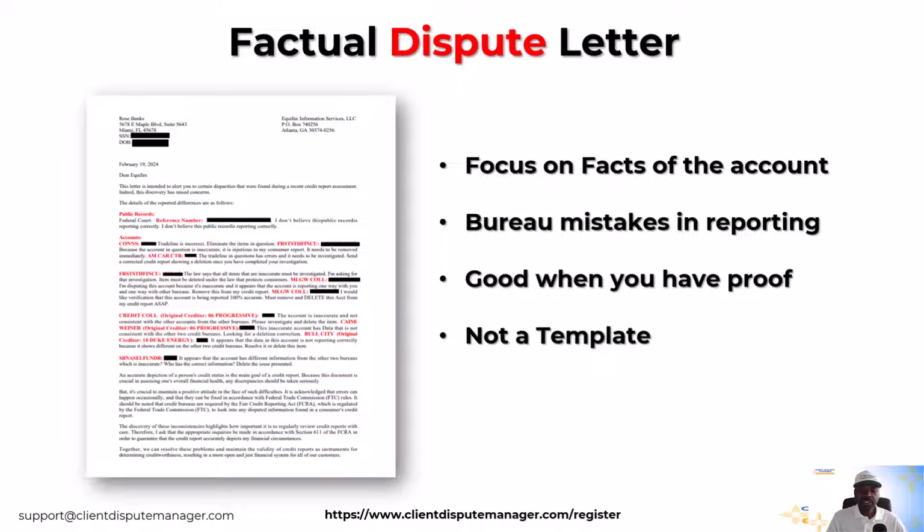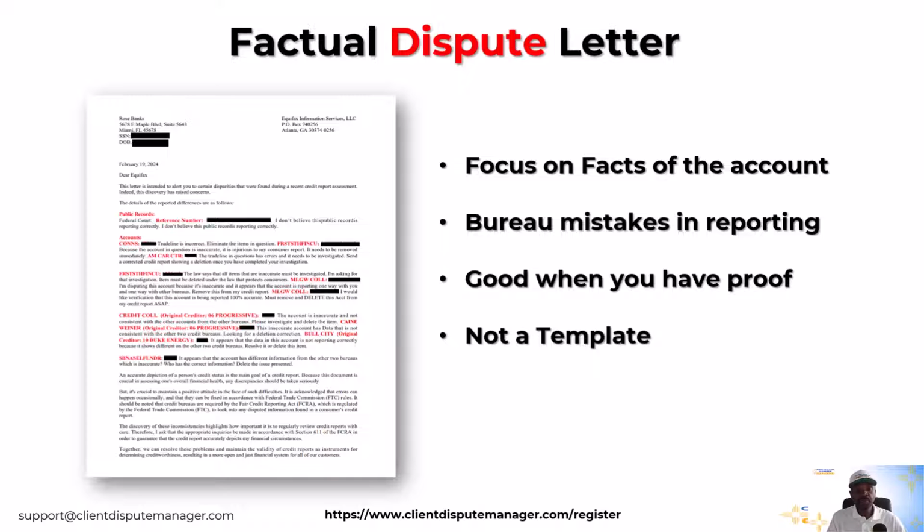So it's good to have proof when you're sending out a factual dispute letter, because the proof is the backup of the mistakes that the creditor or the credit bureau made on your credit report.